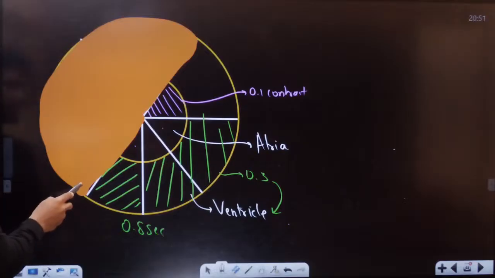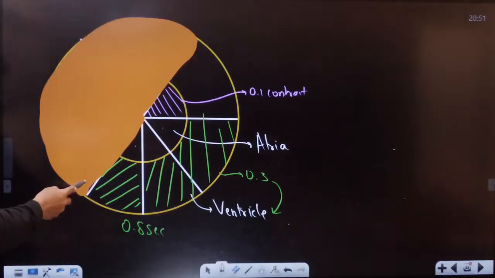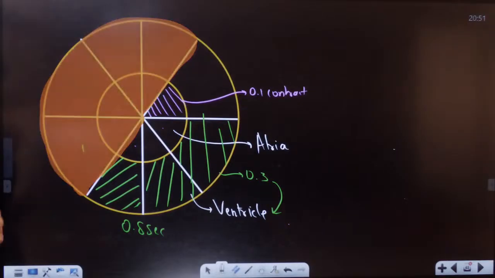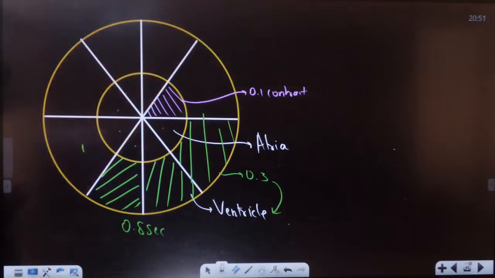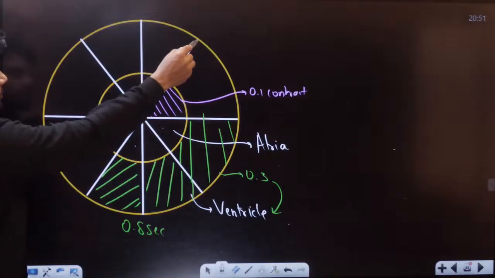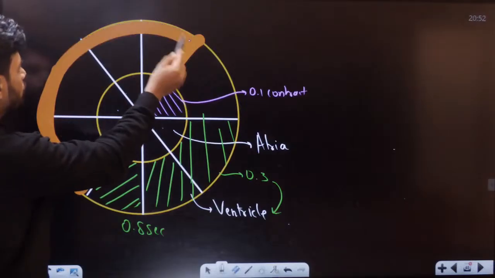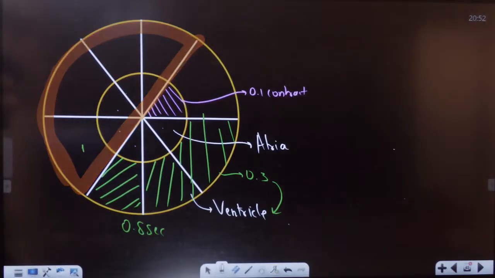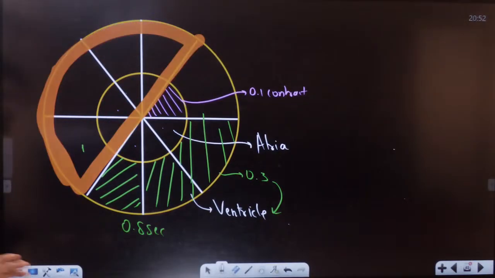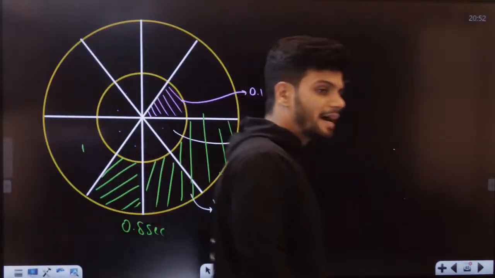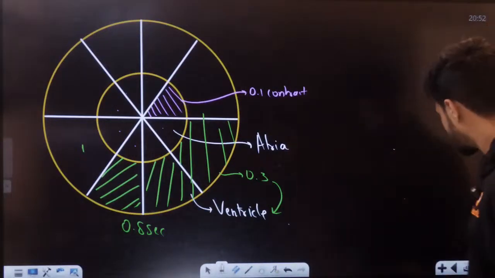In this entire region, the atria is resting, that is in diastole. The ventricle also is resting in this part. So in this entire part, both are resting. Yes or no? All of you, both are resting here. Atria and ventricle both are resting here. So this is called joint diastole. Both are relaxing here. Okay.